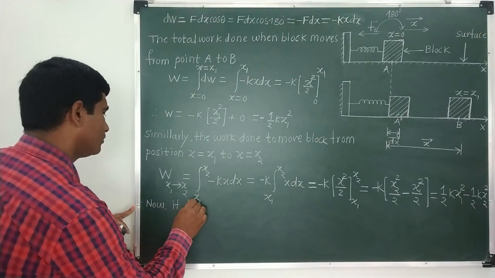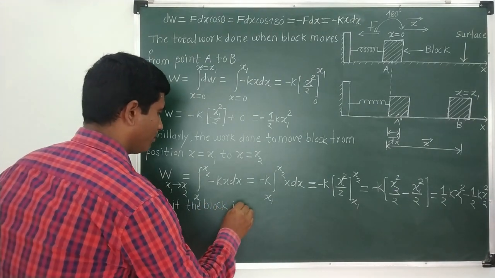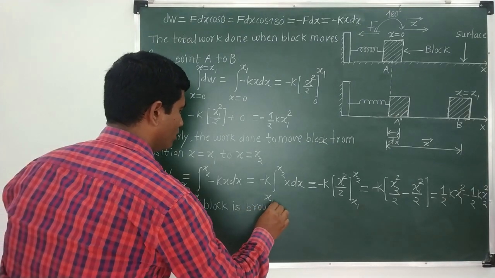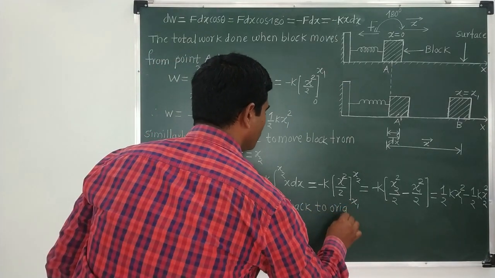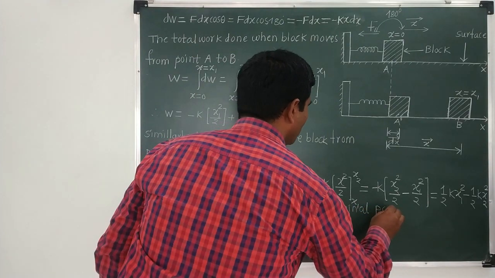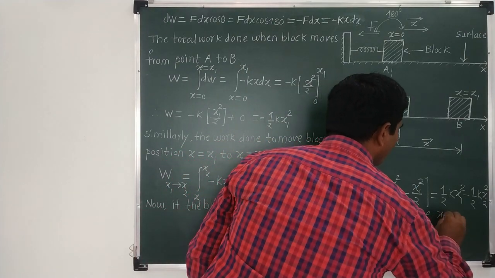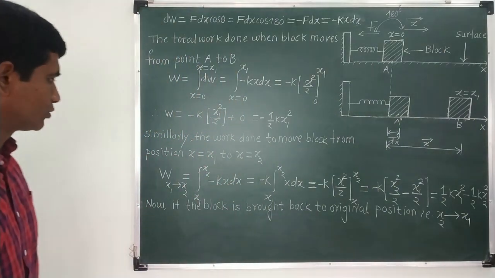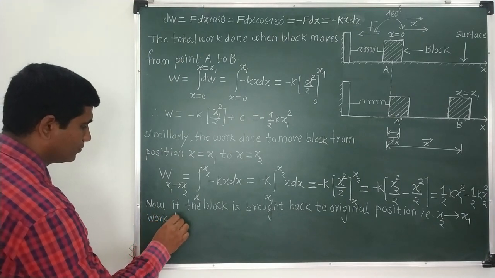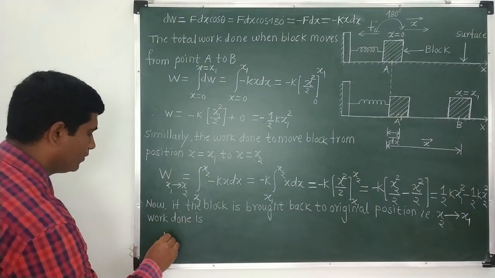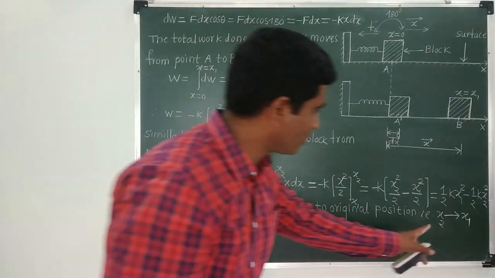If the block is brought back to the original position, that is x2 to x1, the work done is, we will write it over here, W from x2 to x1, because now we are moving our block from x2 to x1.